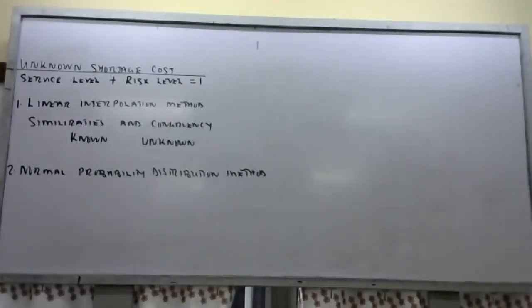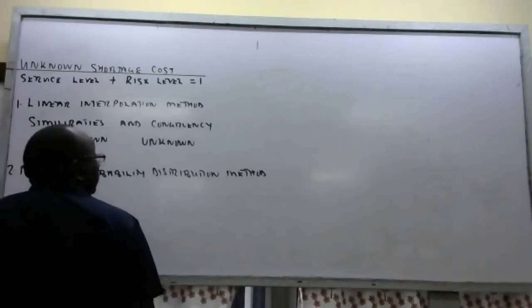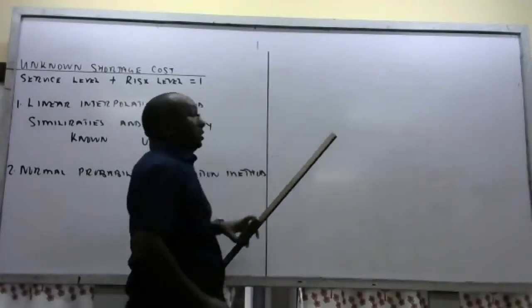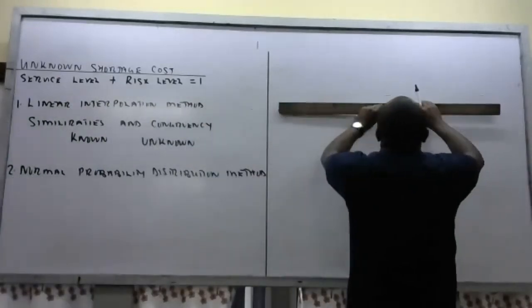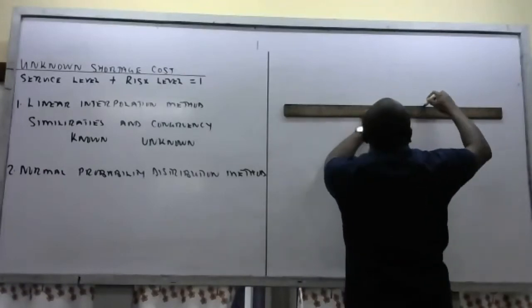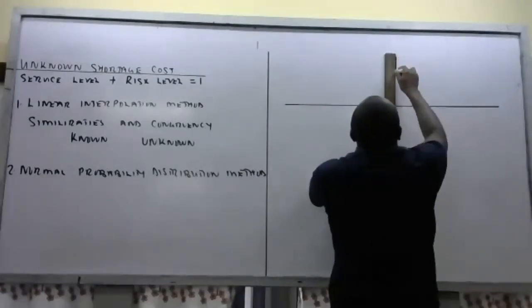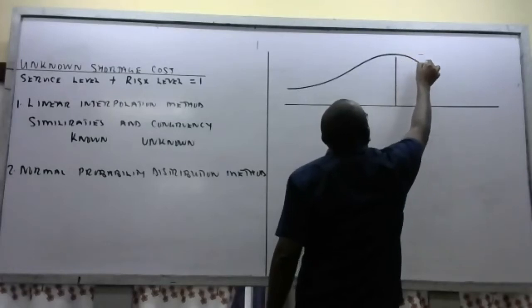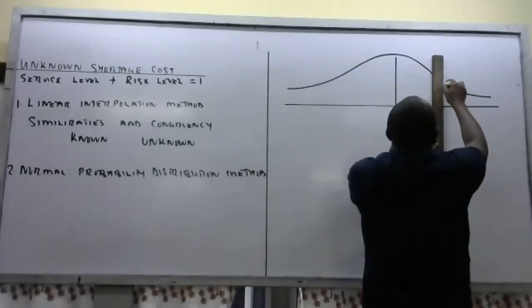And write that this relies on characters of normal probability distribution as shown below.